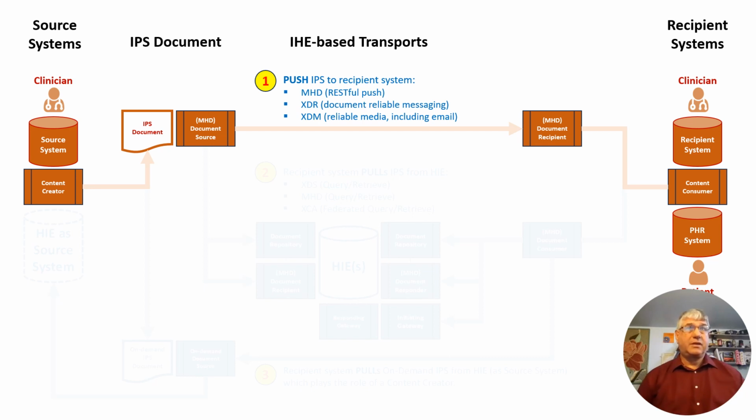So in this case, the content creator creates the IPS document and uses something like an MHD document source in this particular graphic, but it might be an XDR document source, might be an XDM document source, but either way, the push happens using the profiles MHD, XDR, XDM. And ultimately, at the other end, it gets unwrapped and is handed off to the recipient system, who gets an IPS that was originally sent.